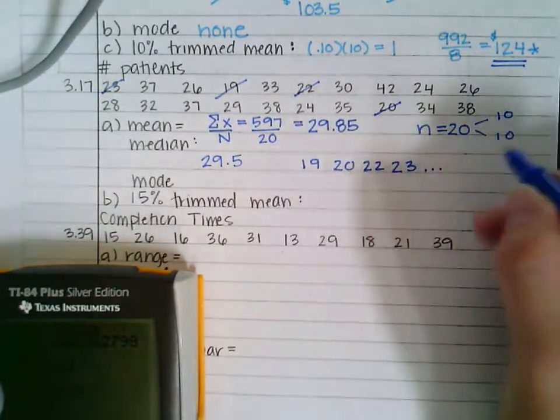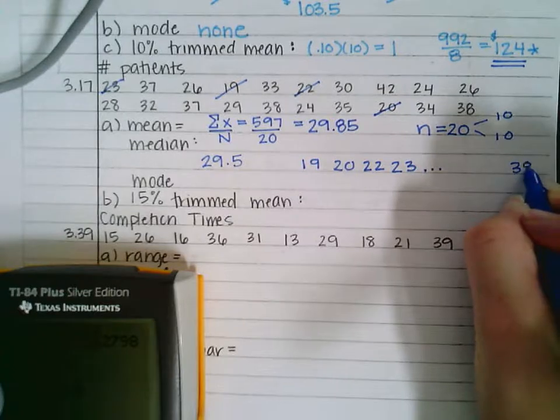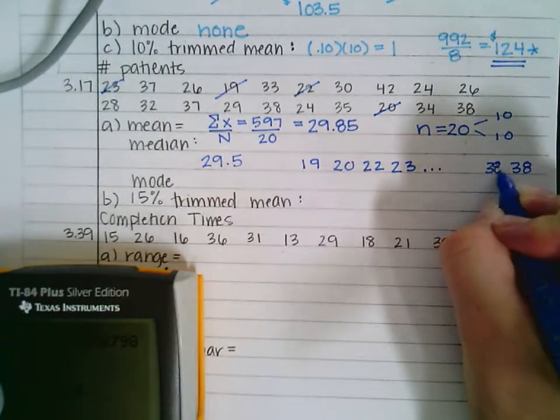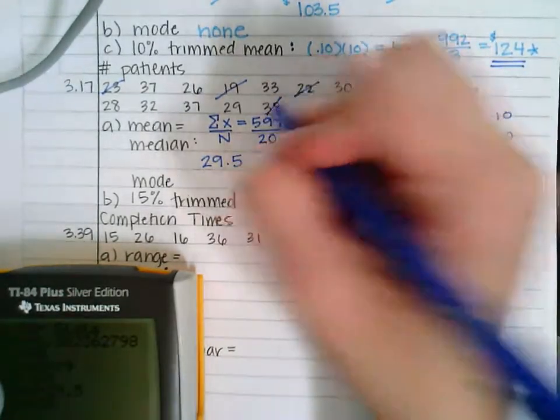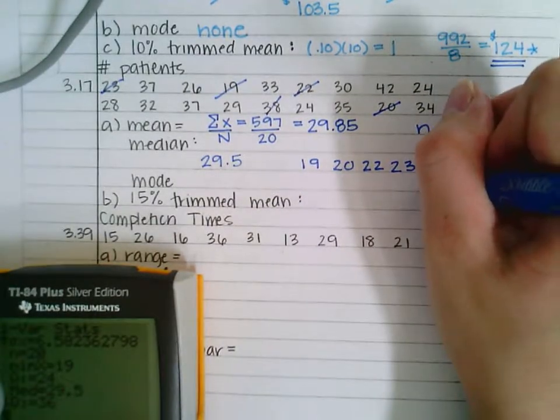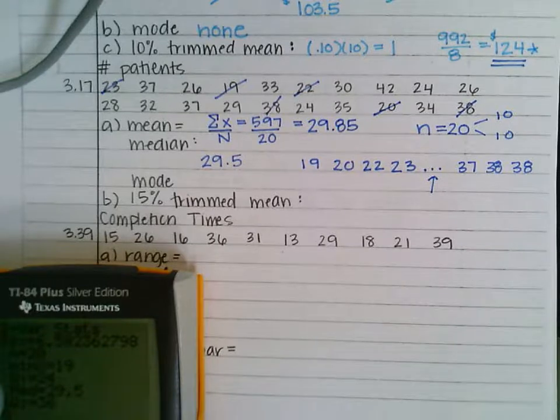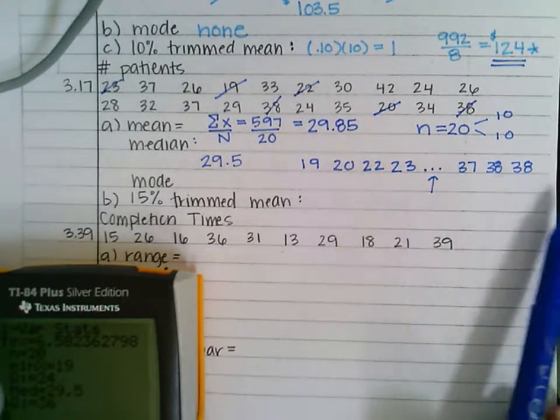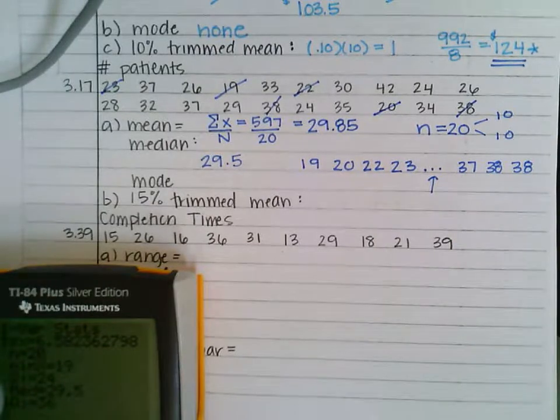It looks like I have 2 38s. And like a 37, right? And my median's still going to be here in the middle, right? I just don't have to spend all that time listing all this stuff out. It does it for me in the calculator. How nice is that, right?